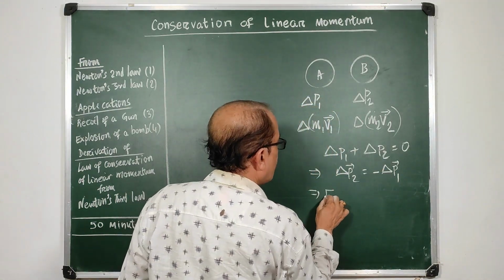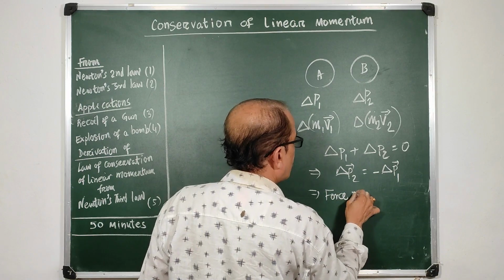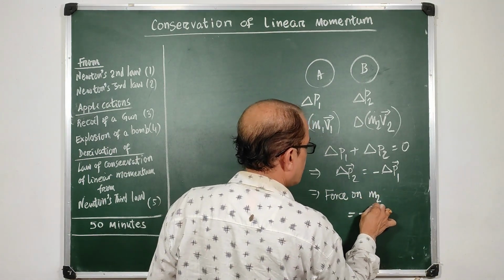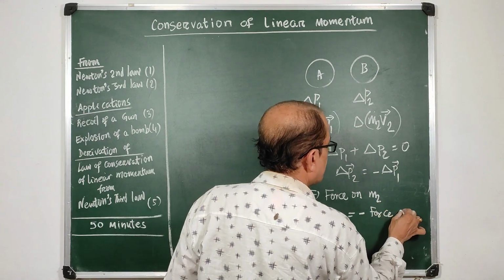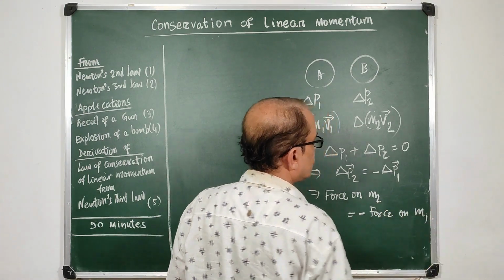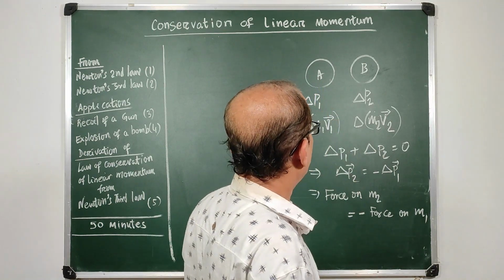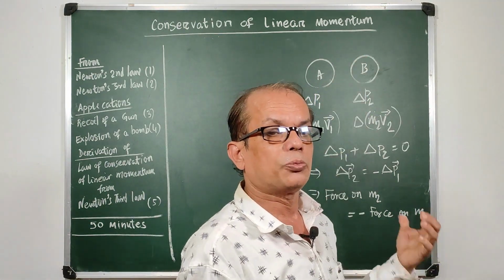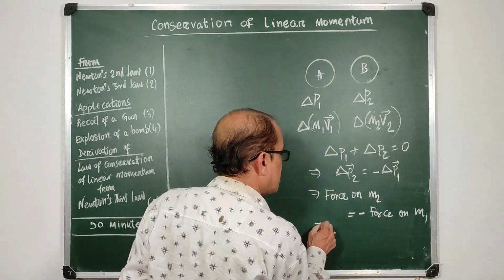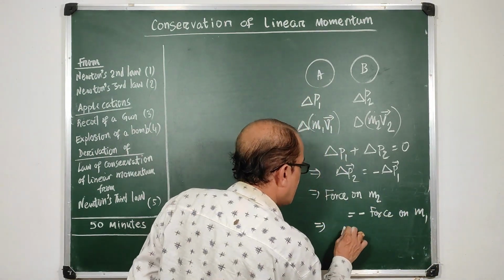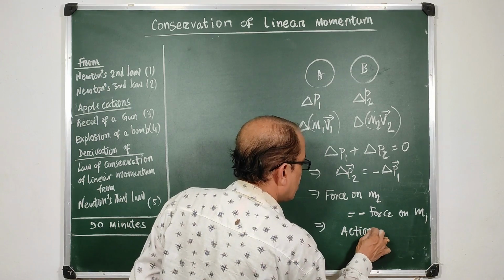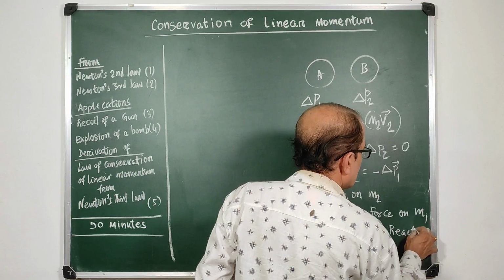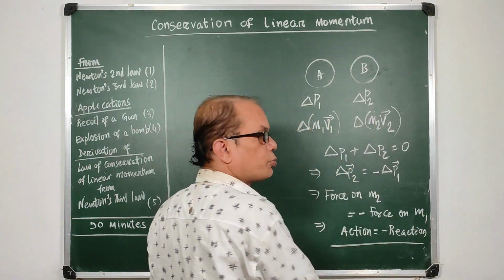So the force on the second body is equal to minus the force on the first body. This is the action and this is the reaction. This proves Newton's third law.